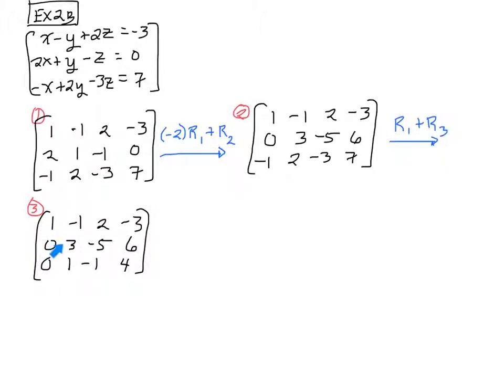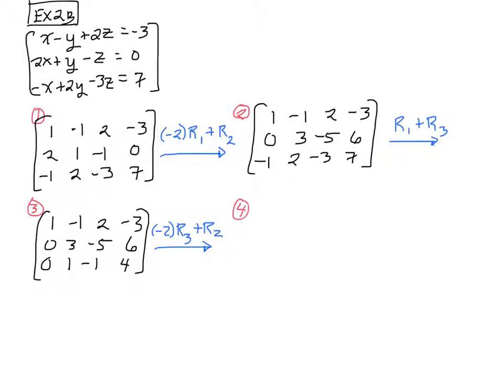And I lose that 0. So I want to multiply this final row down here, which has a 0 here. I want to multiply this row by a negative 2. And so that's going to enable me to keep the 0. So our rule is going to be multiply row 3 by negative 2, and then add that to row 2. And that's going to give us our next matrix.